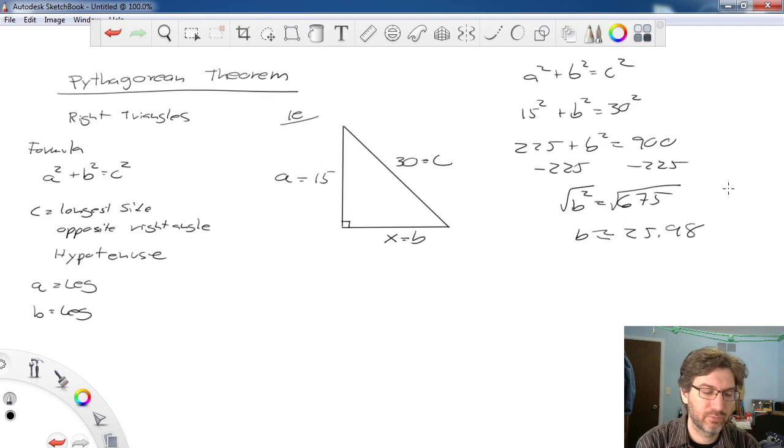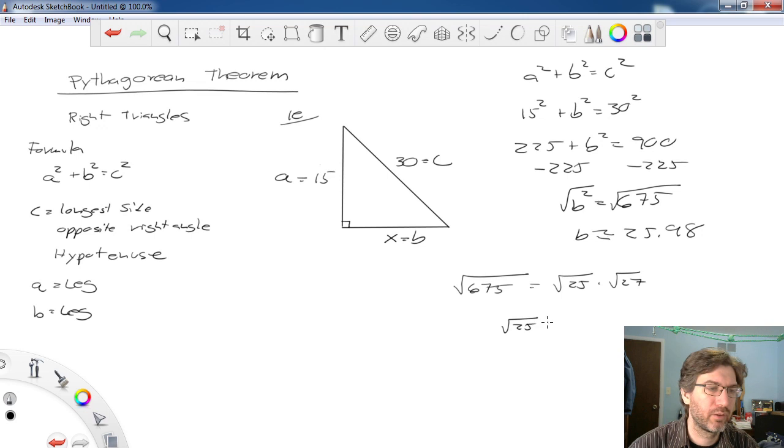675 is clearly divisible by 25. So if we want to get a better answer, the square root of 675 is equal to the square root of 25 times the square root of 27. 27 has a 9 in there.